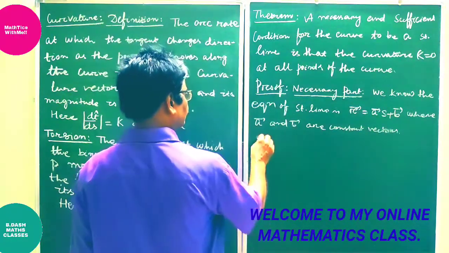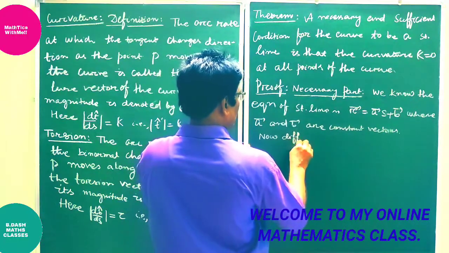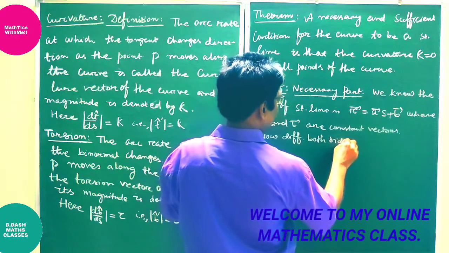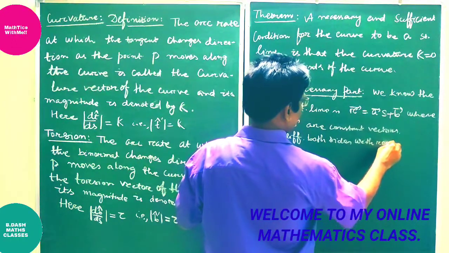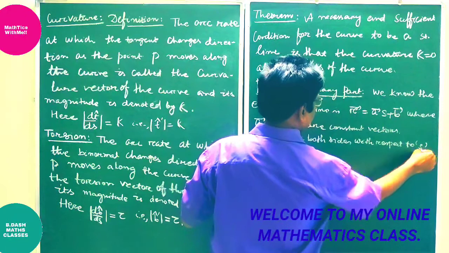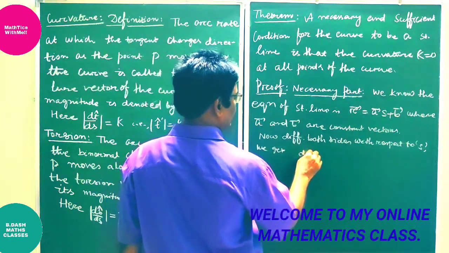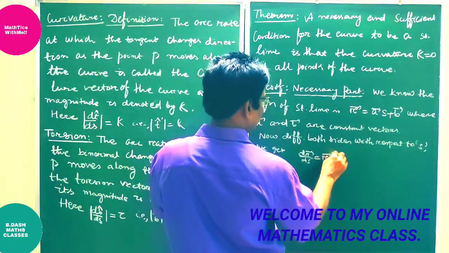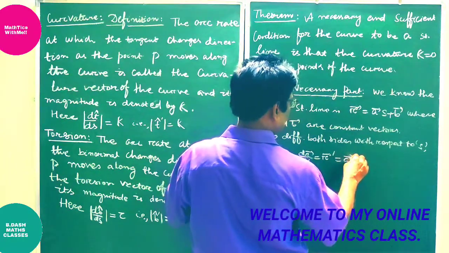Now differentiating both sides with respect to arc length s, we get dr/ds, which is r dash, is equal to vector a.